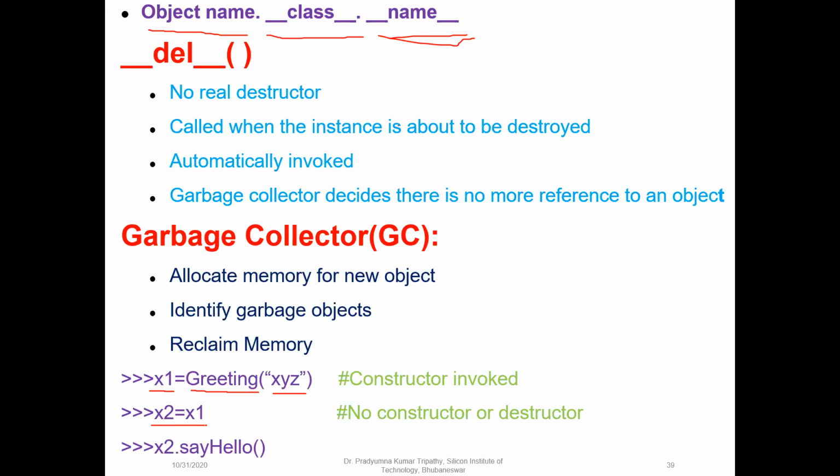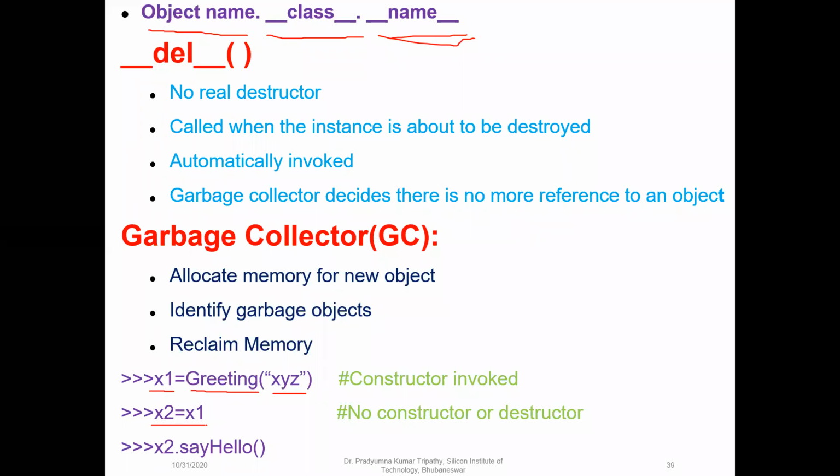But the moment you write x2 equals x1, no constructor or destructor will be invoked because x1 is already created, for which the constructor has been invoked. x2 is just pointing to that location.